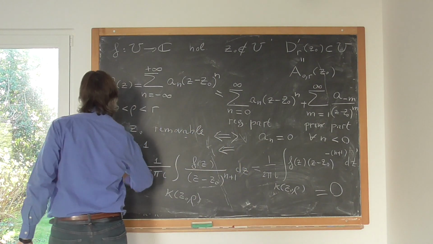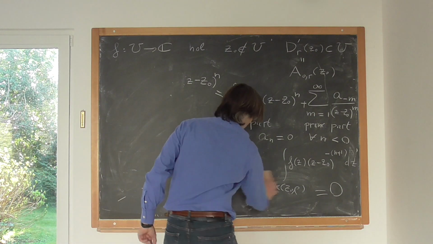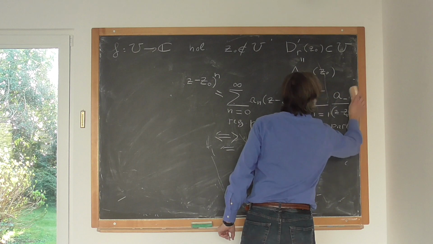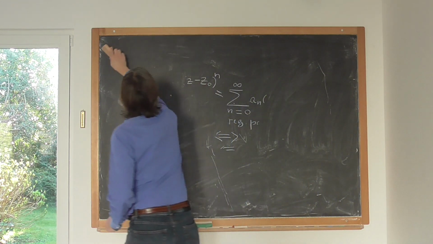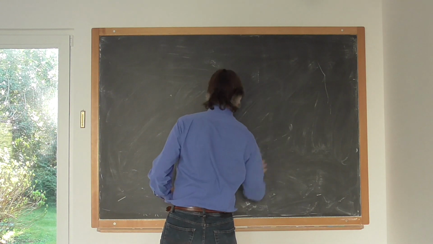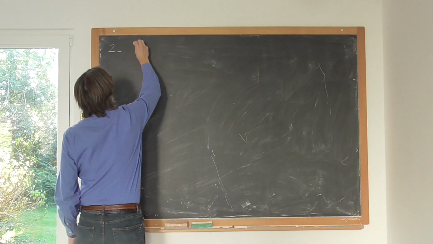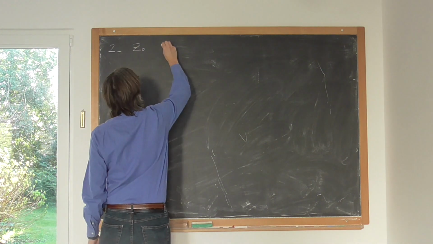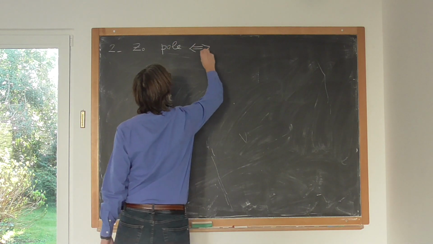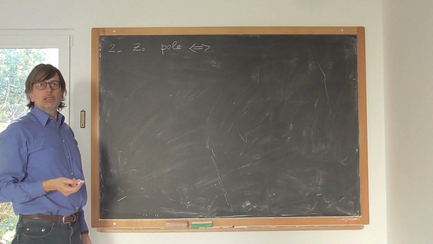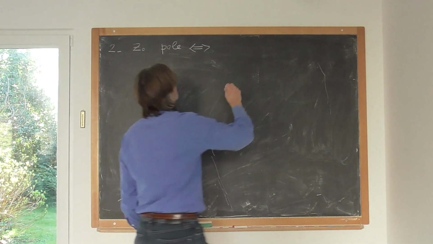What about poles? Z naught is a pole if and only if the principal part in the Laurent series expansion is finite.